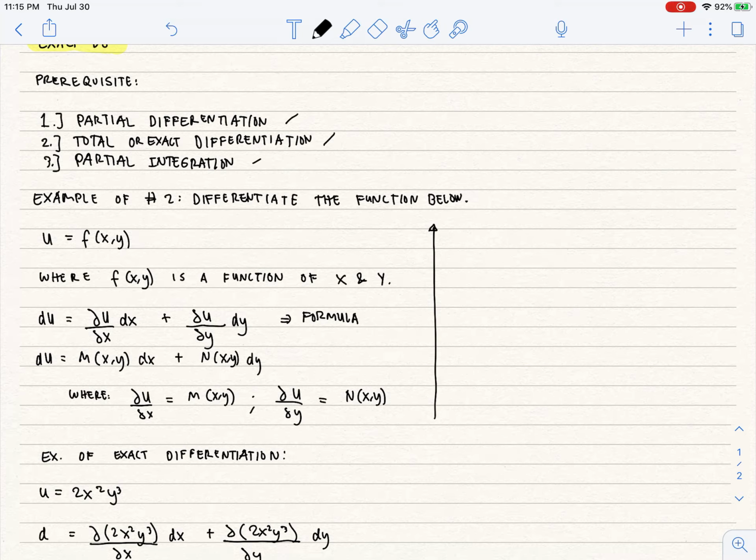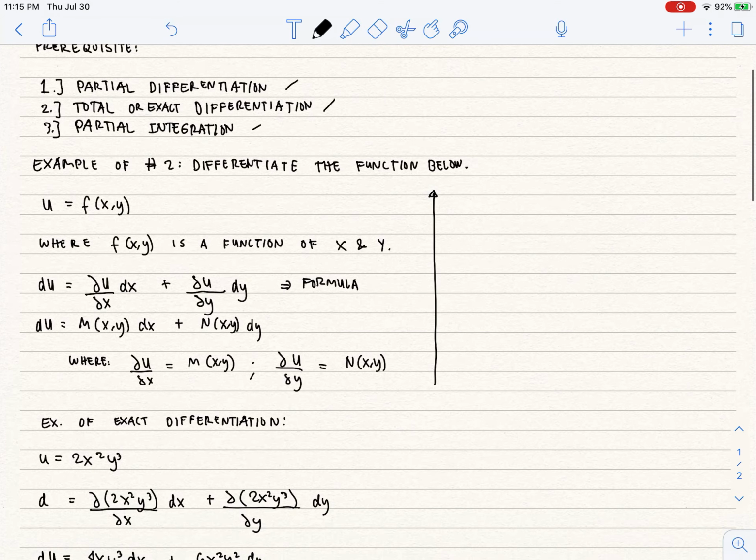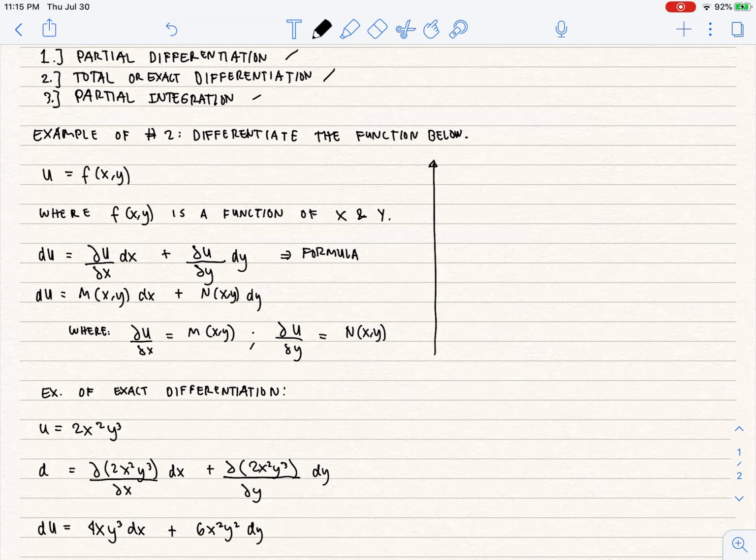So next diri, mao ni ang formula sa finding the total differential of u. So the formula is du is equals to the partial derivative of u with respect to x multiplied by dx plus the partial derivative of u with respect to y multiplied by dy.